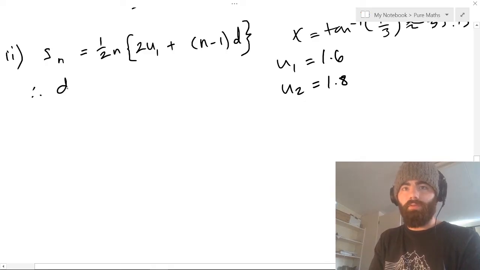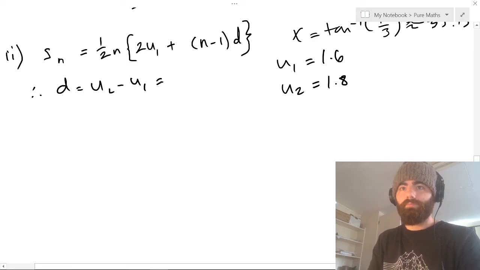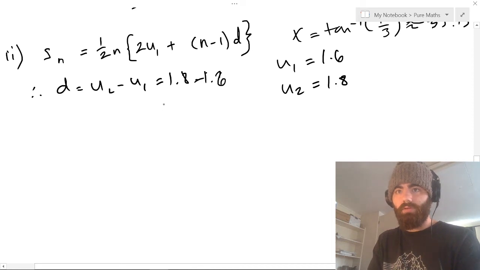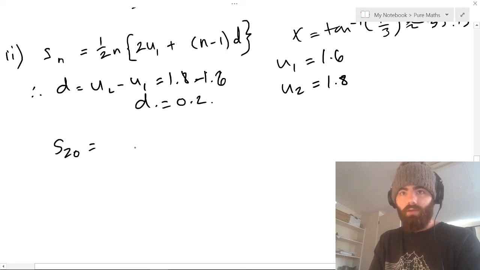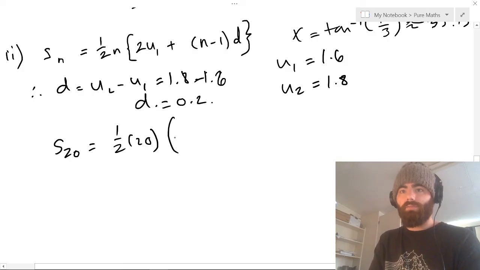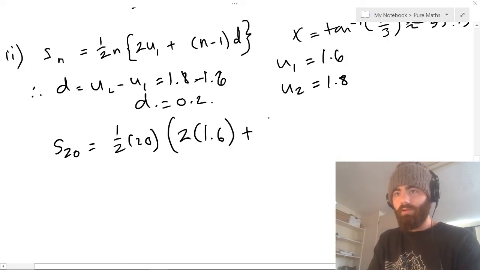So therefore the difference between terms is 1.8 minus 1.6, which equals 0.2. So we have the difference and we have u1. Therefore S20 equals a half of 20 times 2 times 1.6 plus 19 times 0.2.